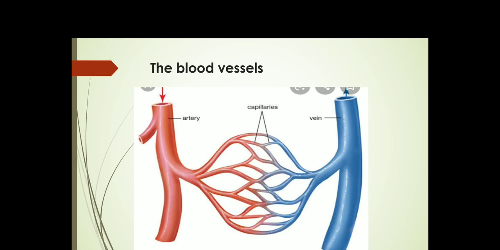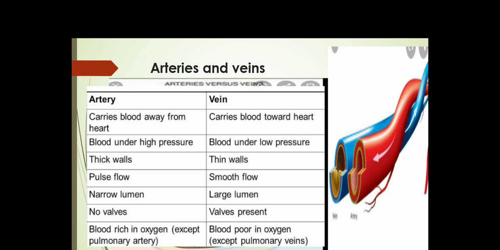Suppose this is the artery. It will branch. It will make the capillary. Understand? Once again, the branches will join and it will make the veins. Understand? So we will learn about the artery and veins in a differential way. We will differentiate and we will come to know what are the features and all.